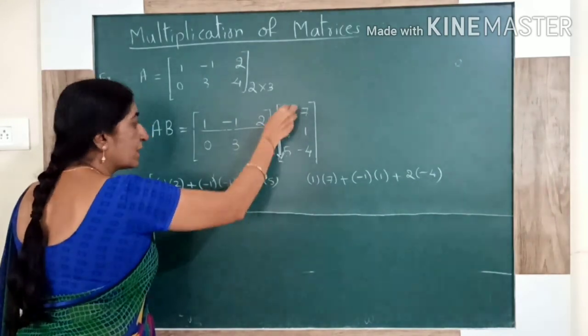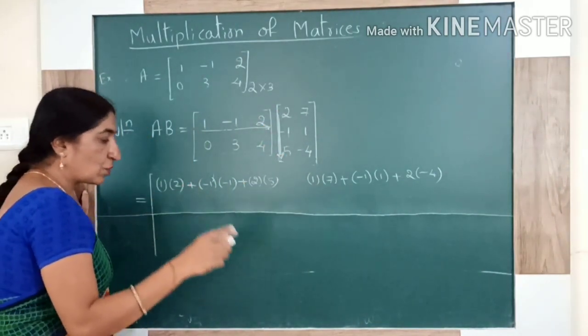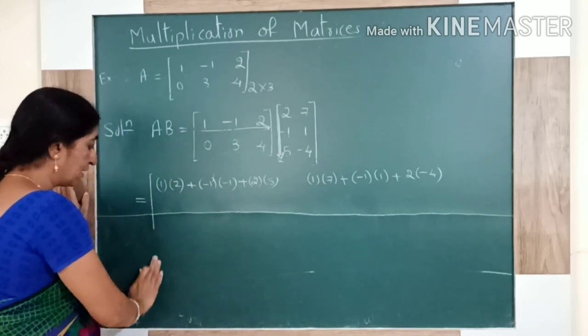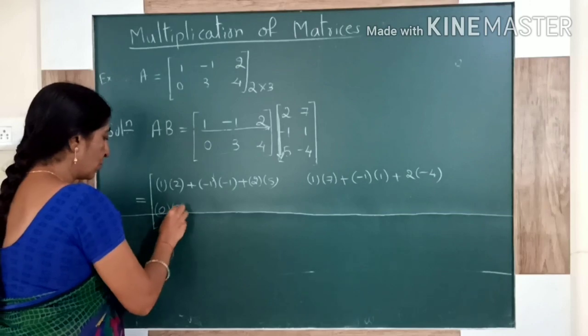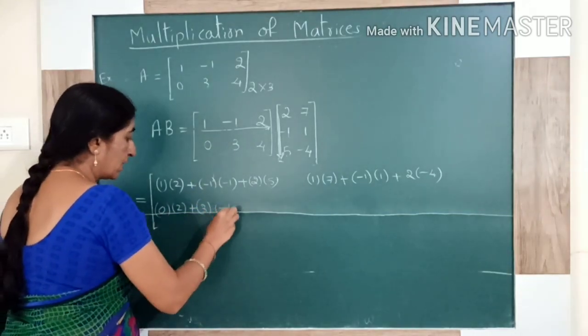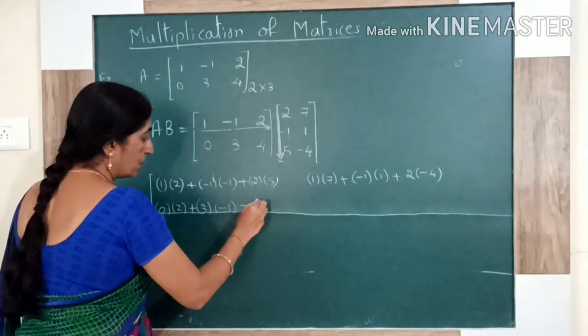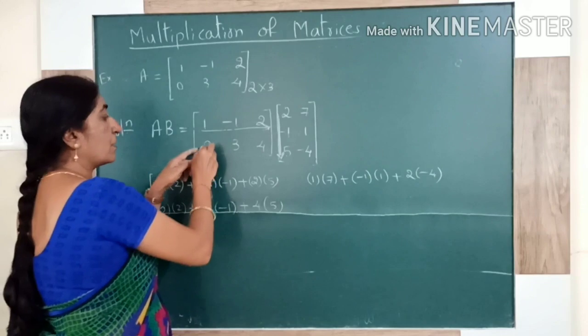Second row with first column. What is it? Second row with first column, corresponding elements. First element into first element, 0 into 2 plus 3 into minus 1 plus 4 into 5. Understood?